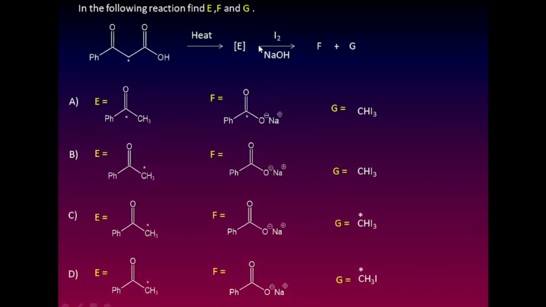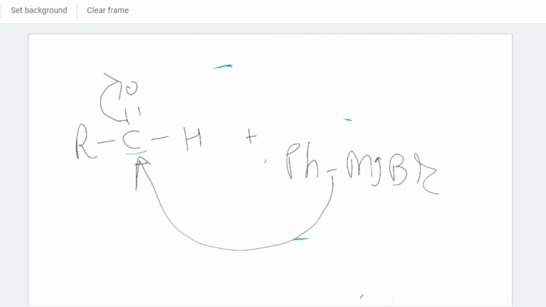So let's do the mechanism. Let's do the reaction. What is happening in this reaction? First of all, this is the labeled carbon. First of all, you have to apply heat.